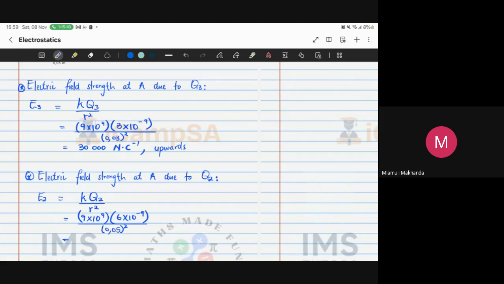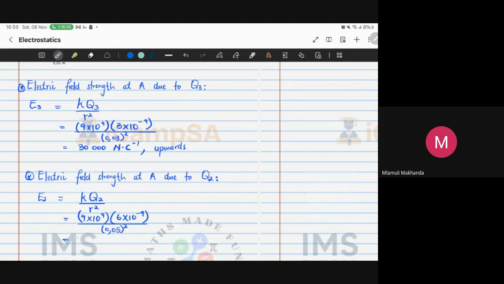We say 9 times 6 to the power minus 9. And then we divide that by 0.05 squared.